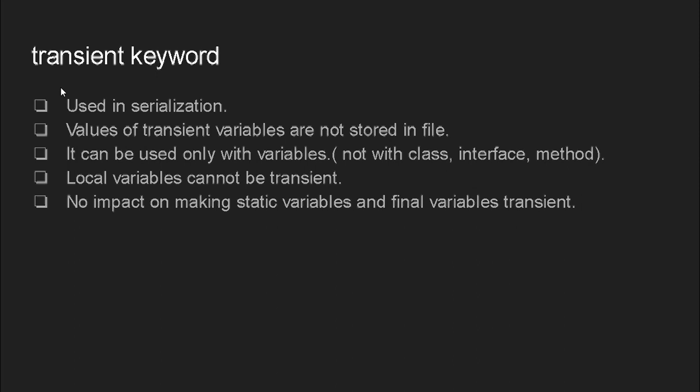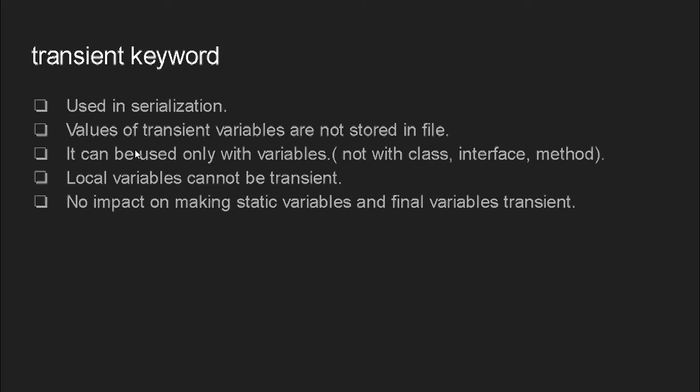Now the transient keyword. In Java, if you don't want to serialize a variable, what do we mean by serialize? Serialize means you want to store the value of a particular variable inside a file. That is what serialization is about. If you don't want to serialize a particular variable, then we use the transient keyword.